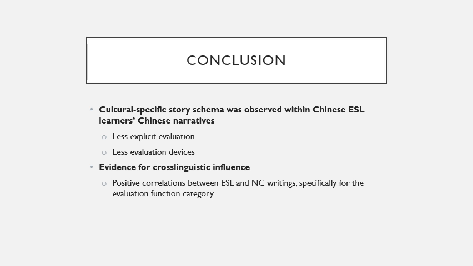And I found that a positive correlation exists between ESL and NC writings, specifically for the evaluation function category. It means that when writing a story, the habit that Chinese ESL learners used when they're writing a story in Chinese is also observed to be transferred when they're writing a story in English.